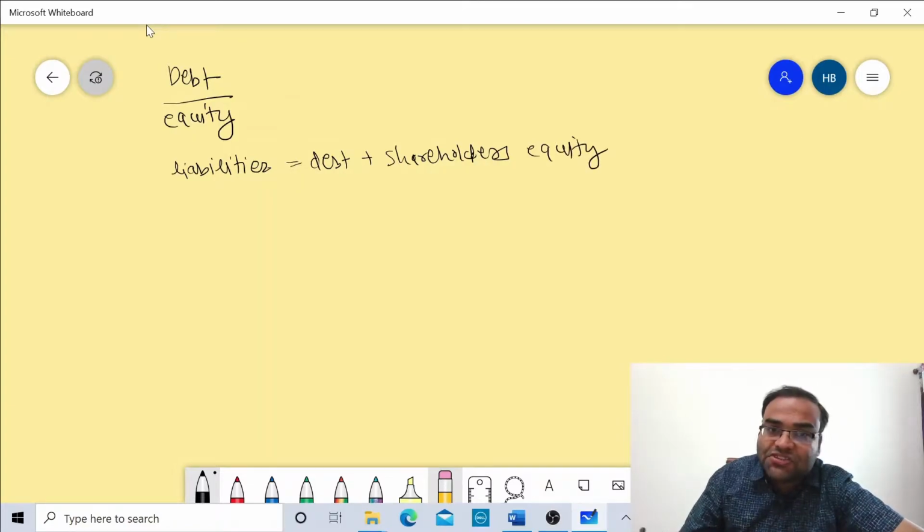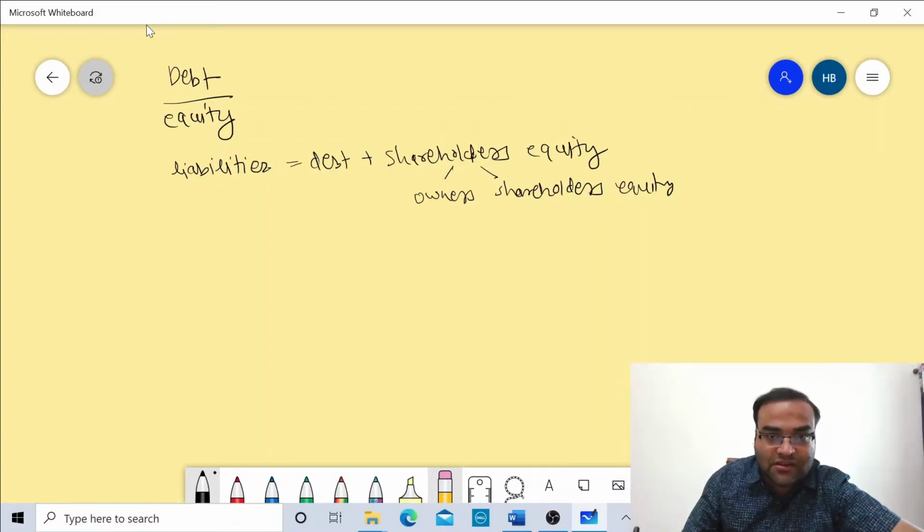Now within shareholders equity, there are actually two terms. One is owner's equity and another is shareholders equity. But since owners are also a type of shareholder, we consider it as a single term. Within equity there will be some amount of money which the owner is using on its own, and some amount which shareholders are investing in the company.